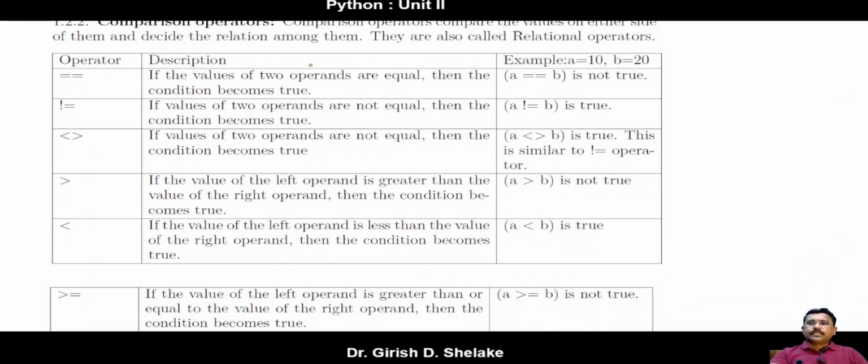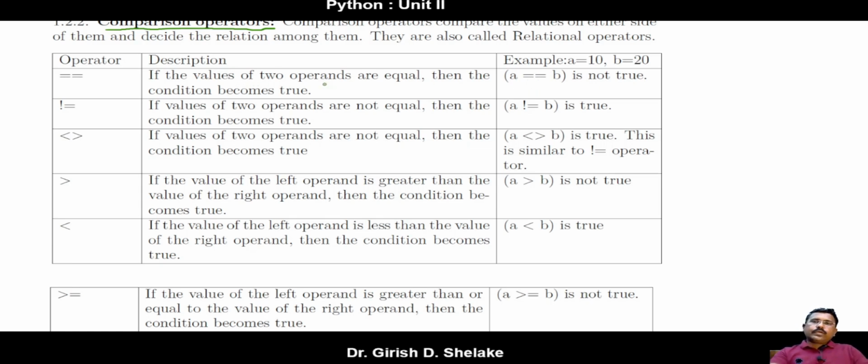Then we consider the second one, which is the comparison operator, which we require in mathematics also. Whenever we try to compare two quantities, for example a and b, if we want to check whether a is equal to b or not, we use the equal to sign.